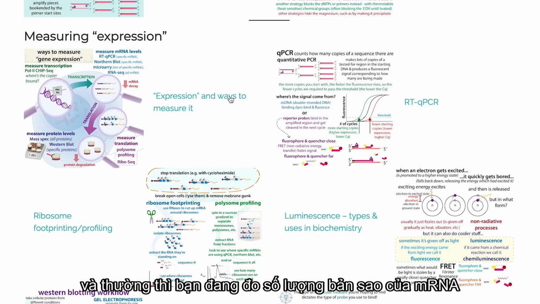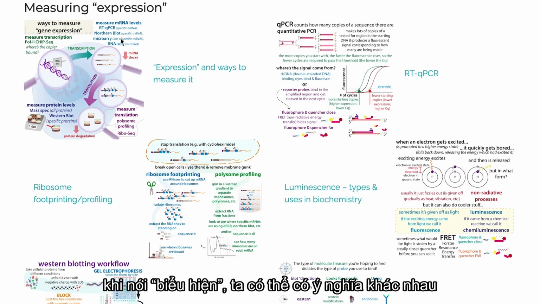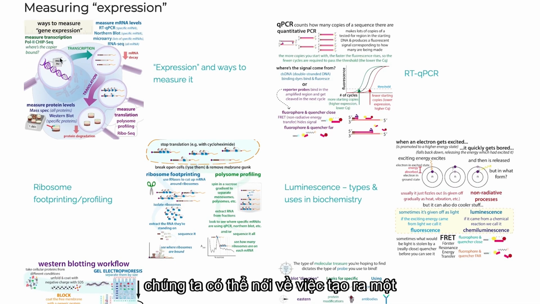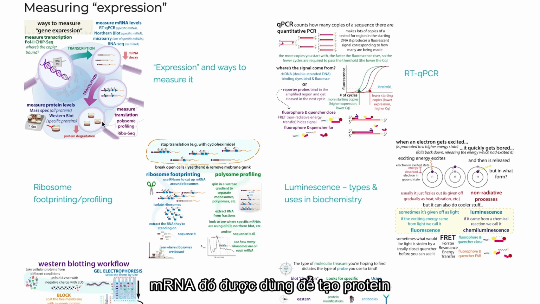And often what you're measuring is copies of a messenger RNA. And we use this as a way to measure expression. So we can mean different things when we say expression. Because the making of a protein is going to depend on the transcription, so how many messenger RNA copies are made, then translation, how much those messenger RNAs are used to make protein.